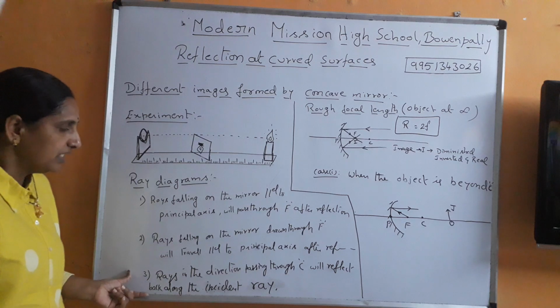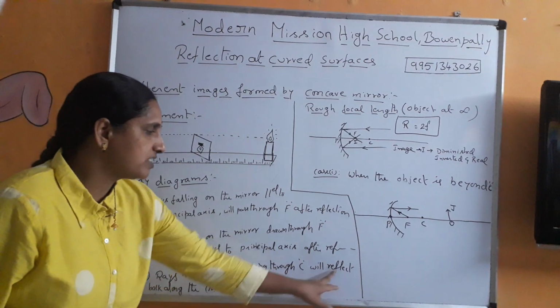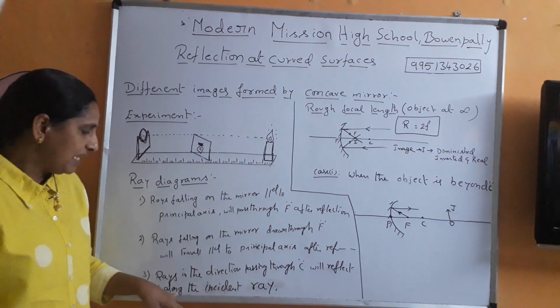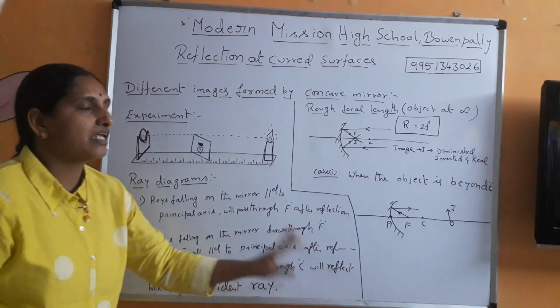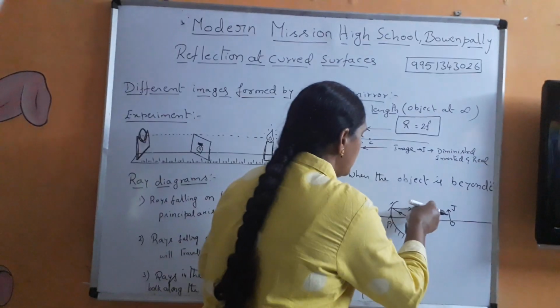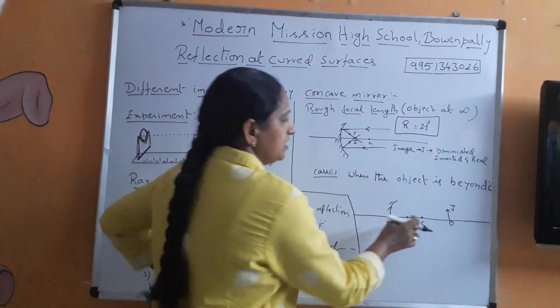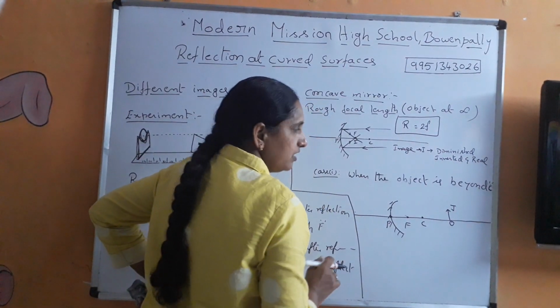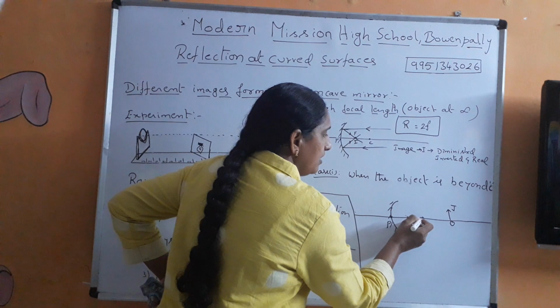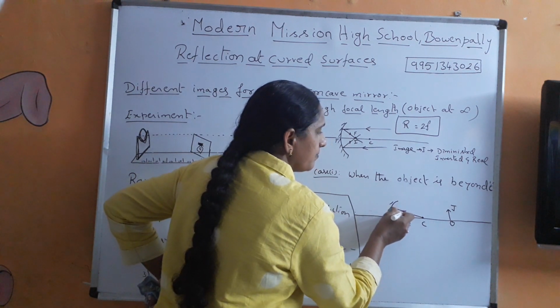And the third one, rays in the direction passing through the center of curvature will reflect back along the incident ray. I'll explain that. What does it mean? See, this is our center of curvature, right? Suppose I have a ray which is incident like this.